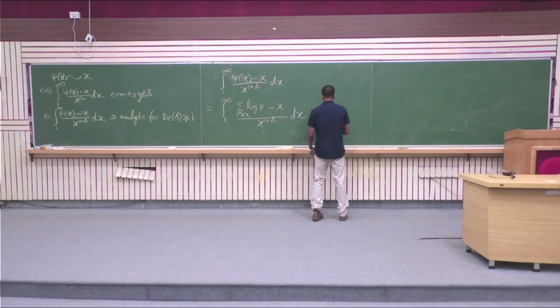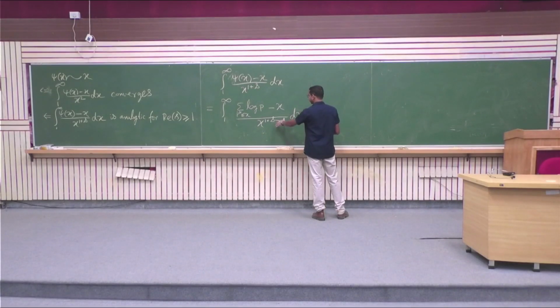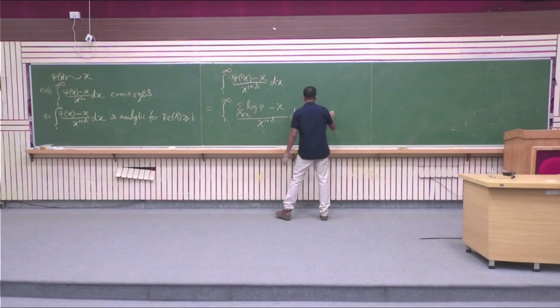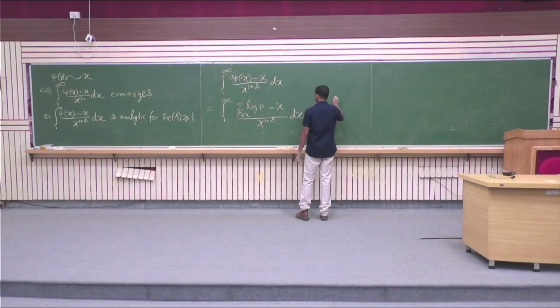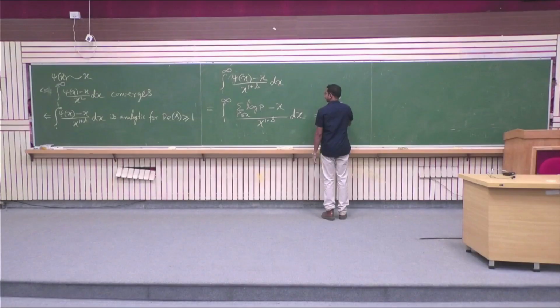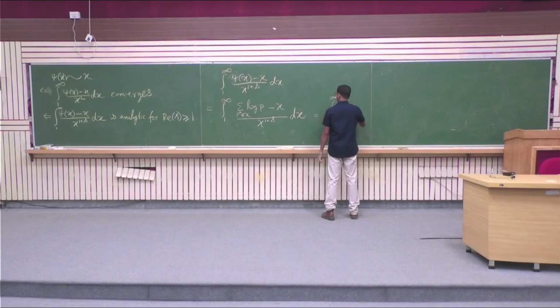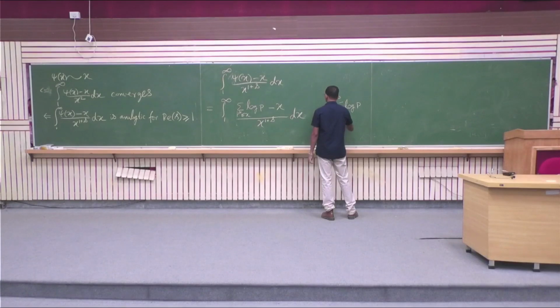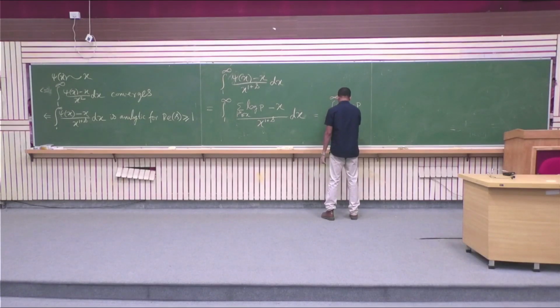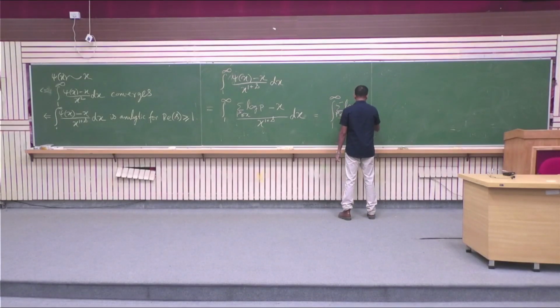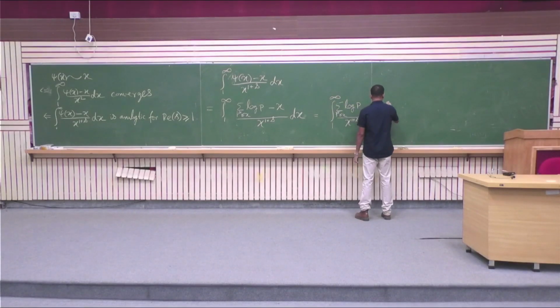All right, so this one now becomes what? We separate this out. So this one is just the integral from 1 to infinity of the summation of log p, p^k less than or equal to x, by x power 1 plus s dx, minus the integral of x by x power 1 plus s.